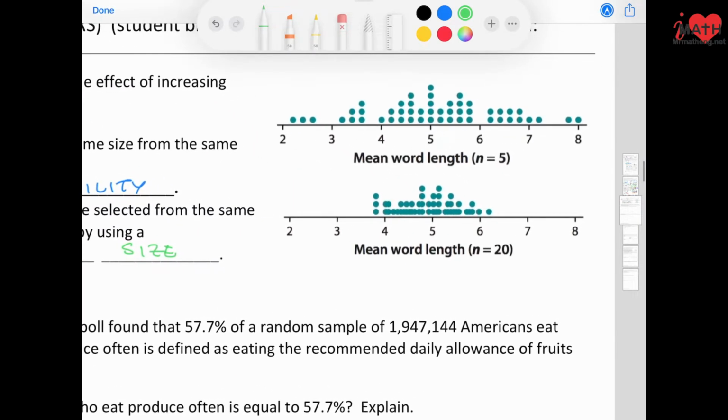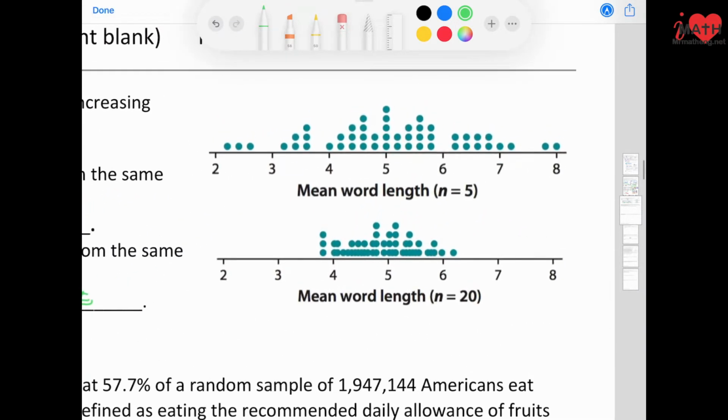All right, here's an example, okay? Let's say you guys just wrote an essay for your history or English class, right? And the teacher says, write a 2-page essay on who should be president right now. Should they impeach Trump or not? And they examine the average word length in your essay.